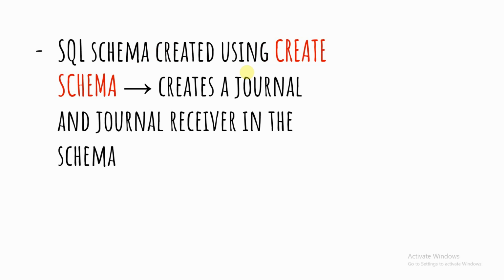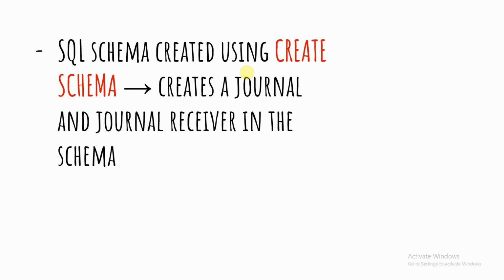Now there is one more concept. We have a few options: we can create a library using the CRTLIB command, and we can create a schema using the CREATE SCHEMA statement in SQL or embedded SQL. These are two things, but they actually differ. A schema is also a library, and a library created with CRTLIB is also a library.